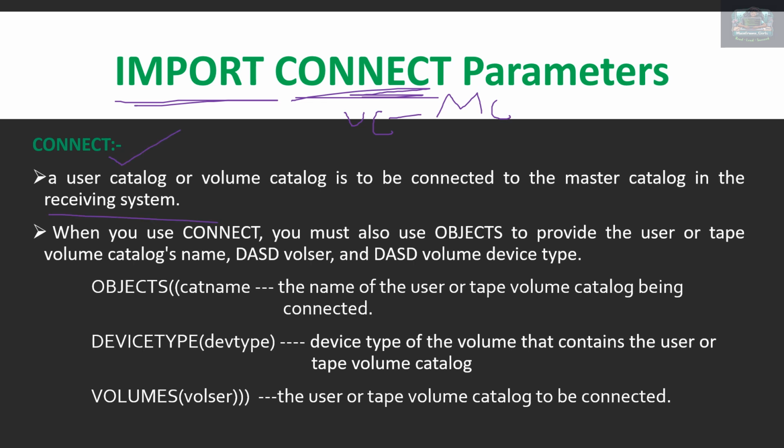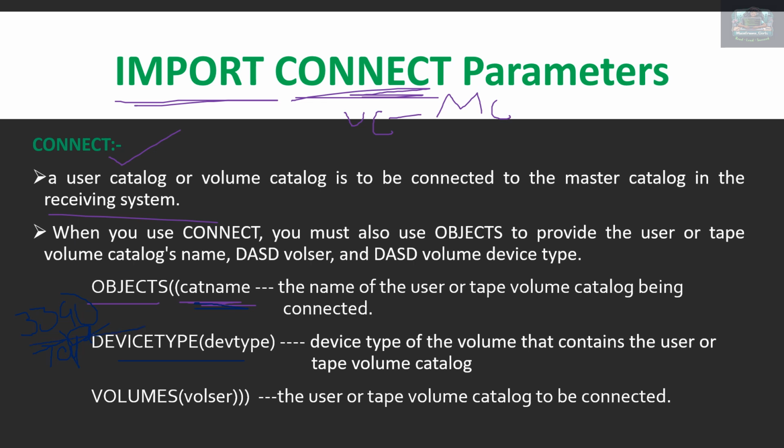Okay, the next comes the OBJECTS parameter, the place where you will be putting your catalog name. Then DEVICETYPE, if you are specifying esoterics: if it's DASD, you will give 3390, and if it is tape, you have to give TAPE or CART. An esoteric is a group of devices kept under a single name.